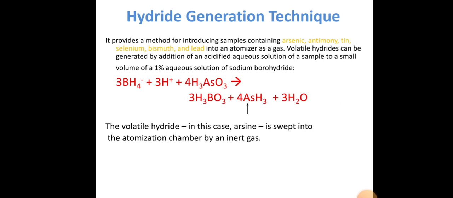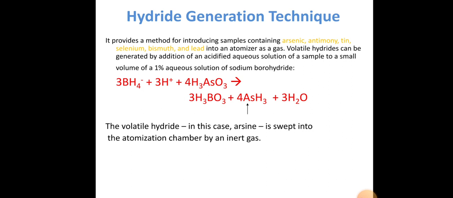But in the hydride generation technique, we convert the sample to a hydride, and this hydride can be converted to a gas. So we will not enter the solution into the flame or into the atomizer.